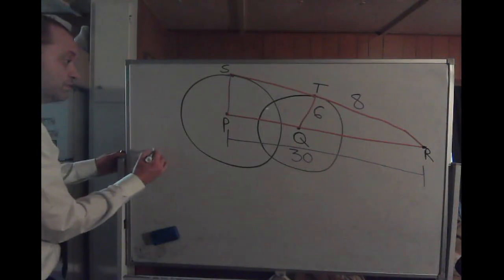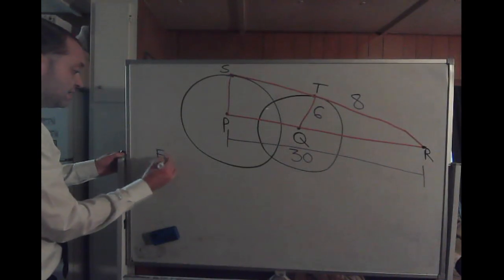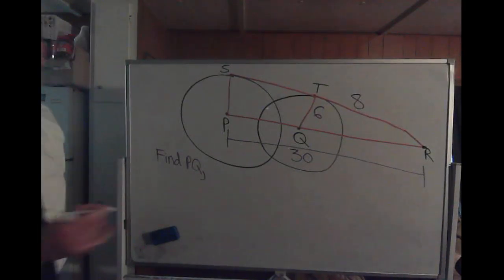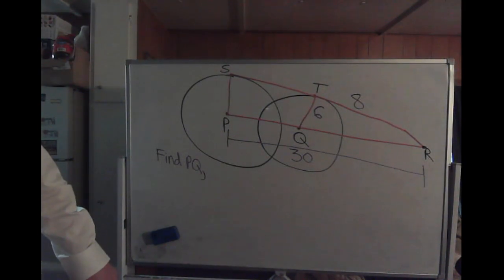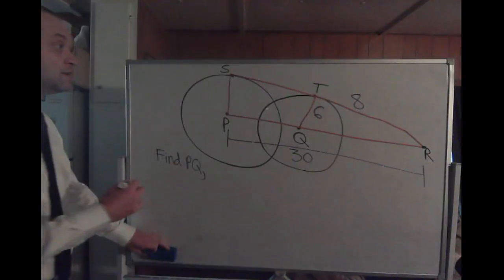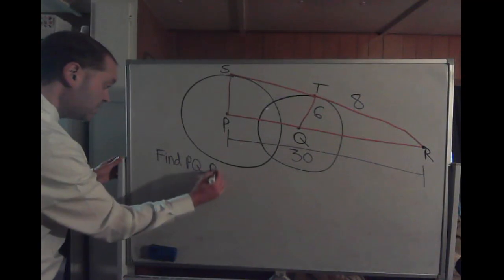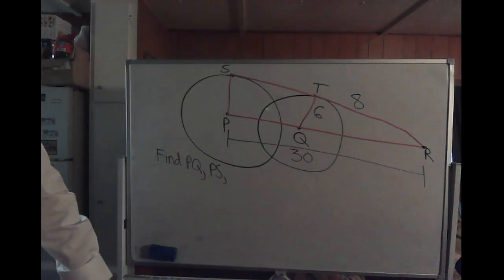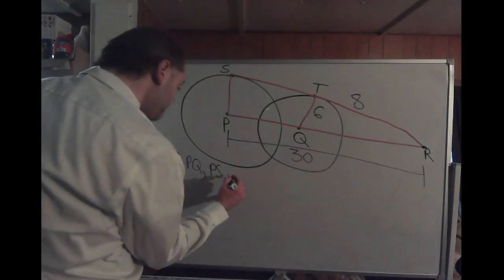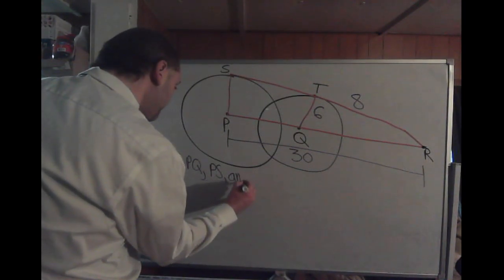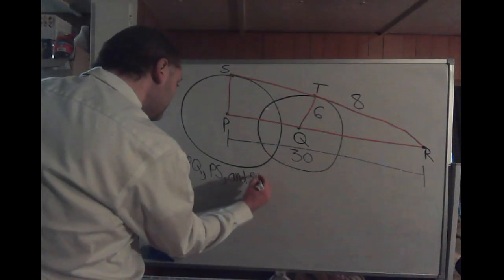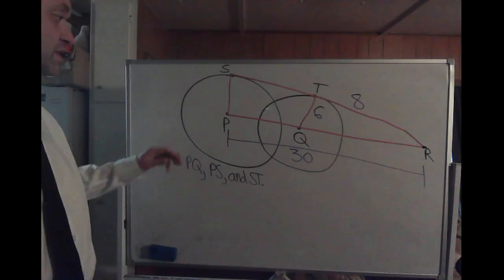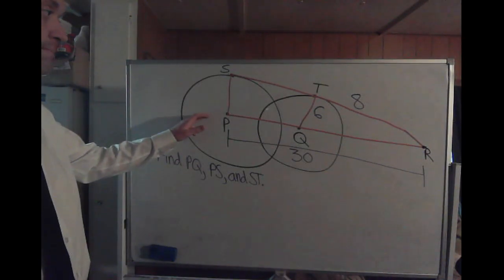So we need to find PQ, PS, and ST. So we have two circles here.